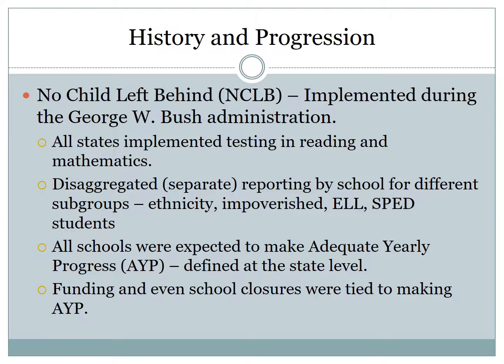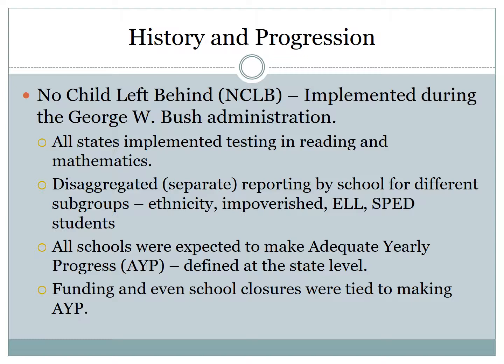All schools were expected to make what was called adequate yearly progress, or AYP, and the states defined what this AYP consisted of. So they could actually talk about the percentage increase they wanted to see in their schools in achievement, for example.